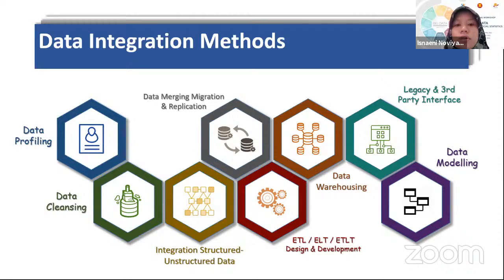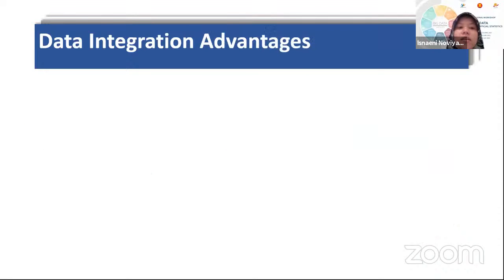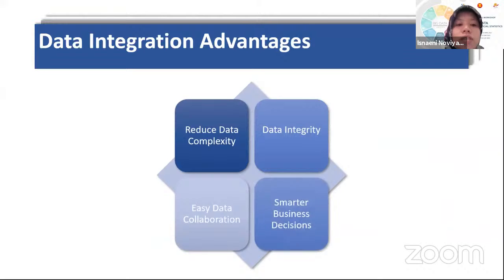Maybe if Hanif can still join us, I will continue the explanation. For data integration advantages, the first ones are reduced data complexity and improved data integrity, easy data collaboration, and smarter business decisions. Yes, because if we just say, from system A to system B, how do we integrate it, or how do we make sure of data integrity?